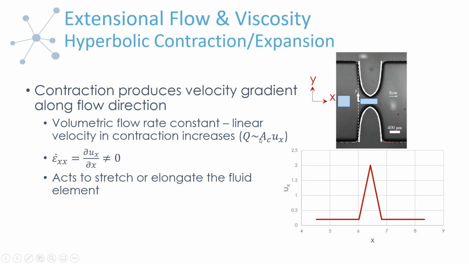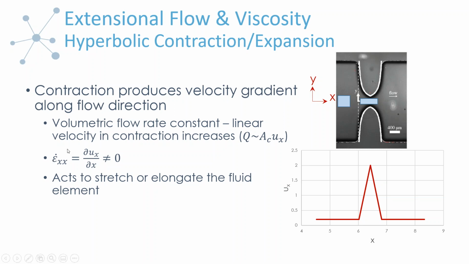So when we have a constriction or contraction where the cross-sectional area A sub C is consistently going down, because we have a constant flow rate, that means the velocity has to increase as we move into the channel. So to keep the volumetric flow rate constant, as the channel narrows, linear velocity will increase.